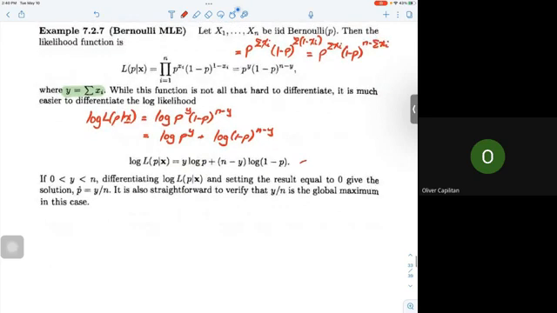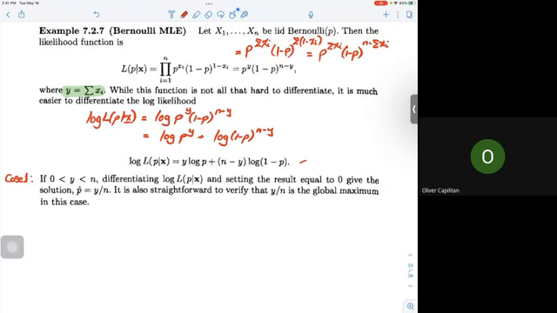So if we're going to determine the maximum likelihood estimator for our parameter p, we consider two cases here. First, consider that y is greater than 0 but less than n. Then if we differentiate the log likelihood and set it equal to 0, it will give us the solution that our maximum likelihood estimator p hat is equal to y over n.